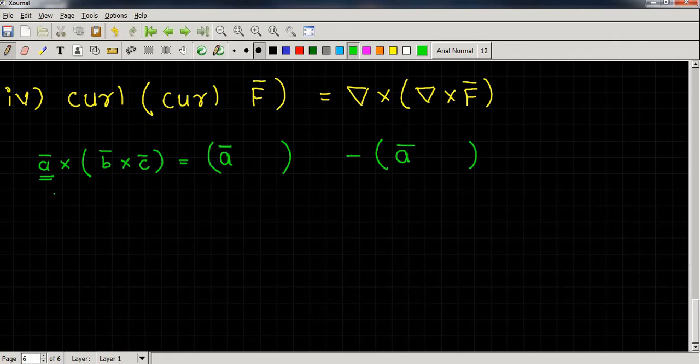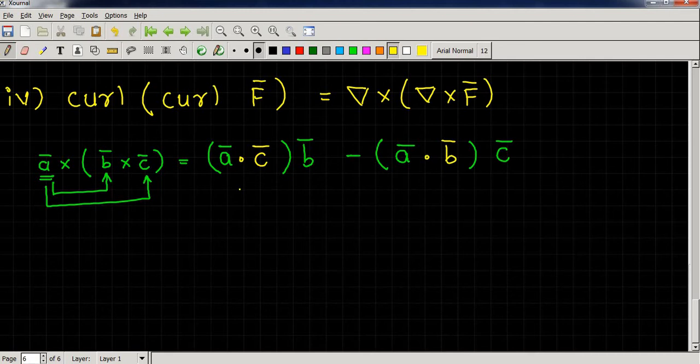Then first vector from a bar is outside first bracket. Second vector from a bar is kept outside the second bracket. Then we take dot product with remaining vector. So here a bar, b bar is done, c bar is missing; here a bar and c bar present, b bar is missing.